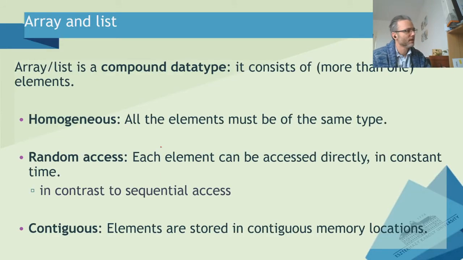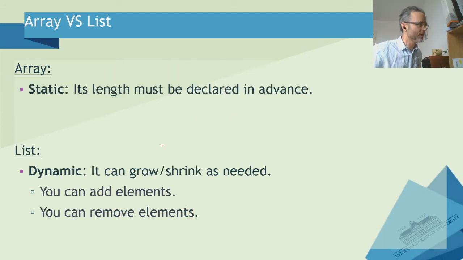Soon you will. Last time I told you that arrays and lists are really similar. Actually, those are the common properties of arrays and lists. The only difference is about the sizes. An array has a static size, while a list has a dynamic size.